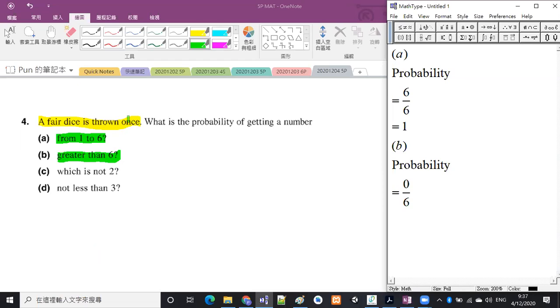None of them can be greater than 6. Okay, so the final answer will be equal to 0.